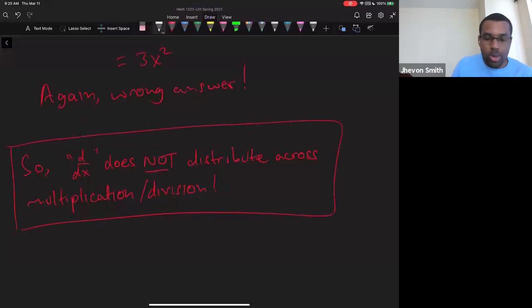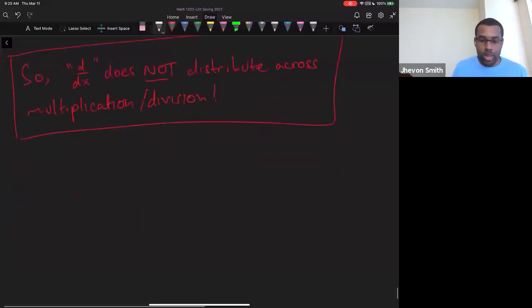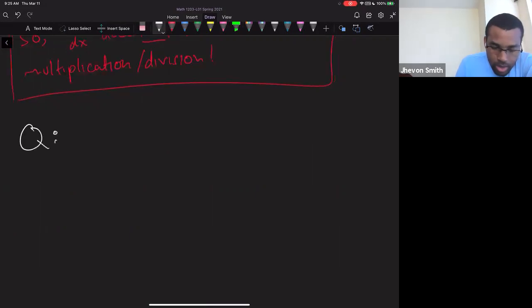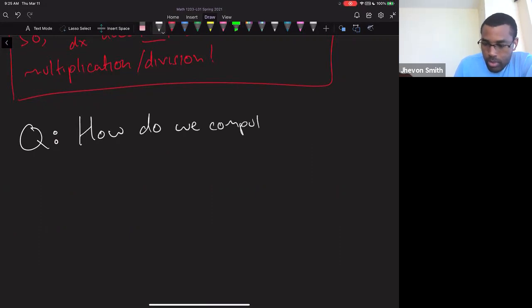Okay, so now the question is, how would we actually do it? If I have one function multiplied by another, if I have f of x times g of x, how do I differentiate such a thing?